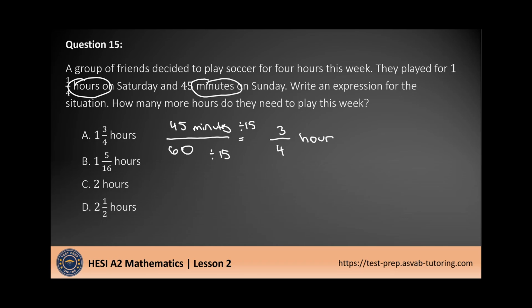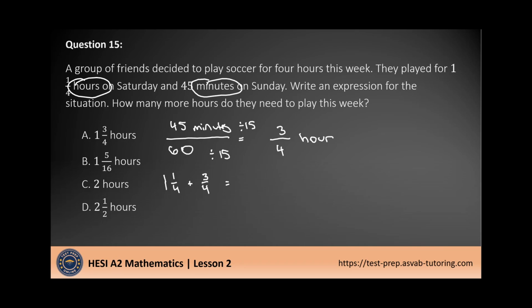So to find the total amount that we've played so far, we're going to do 1 1/4 plus 3/4. Okay. So we could add, or we could turn that 1 1/4 into an improper fraction, and then add them together, and then turn it back into a mixed number, which is what we've been doing.